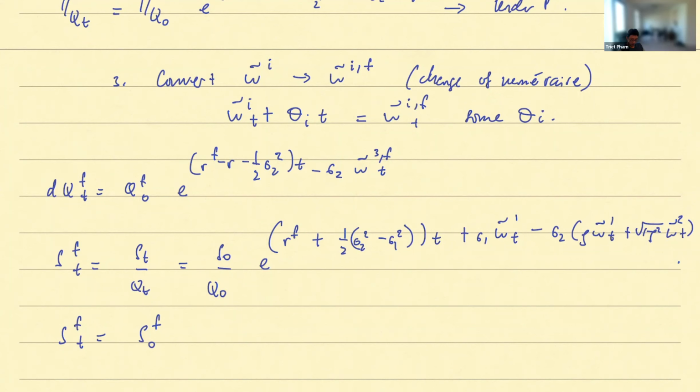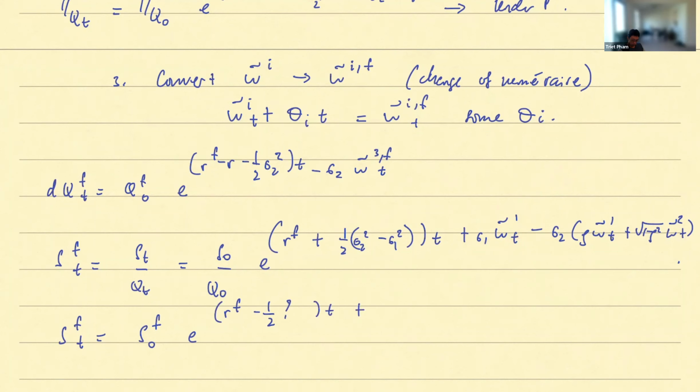What else do we know? What we know is that when this guy moves to W tilde F1, like I said, it can only change by drift. So the volatility term in front of it cannot change. So we have r_F, and then minus one half, I will put a question mark here, times t.